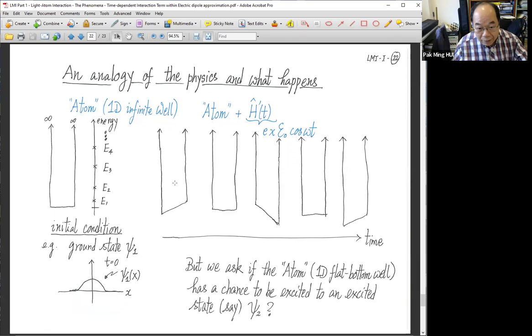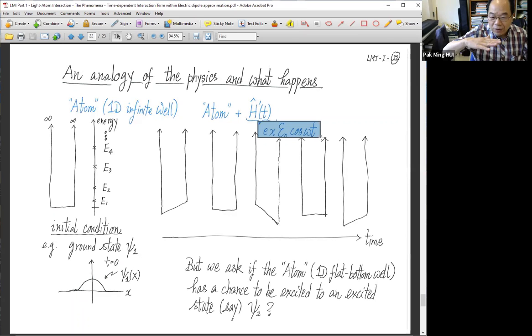So now let's think about it. From time equals 0 onwards, you start shaking the bottom of the well. This is a smaller omega. This is a faster omega. You understand me?